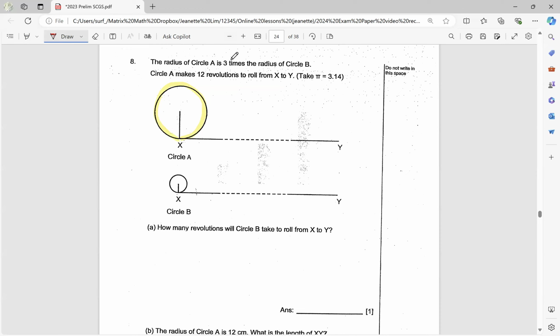They say that the radius of A is 3 times the radius of B. So this is 3 units, then this is 1 unit. This means the diameter, 6 versus 2, is also 3 times. The diameter of A is 3 times the diameter of B.